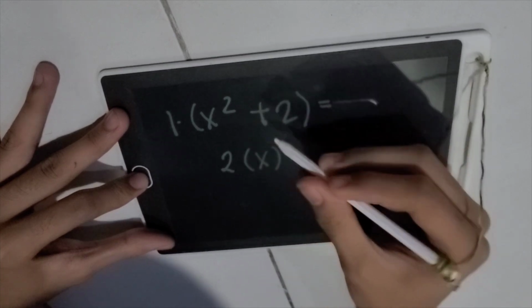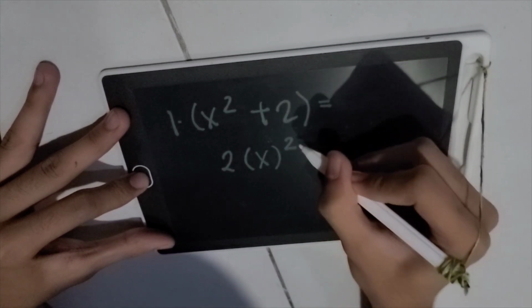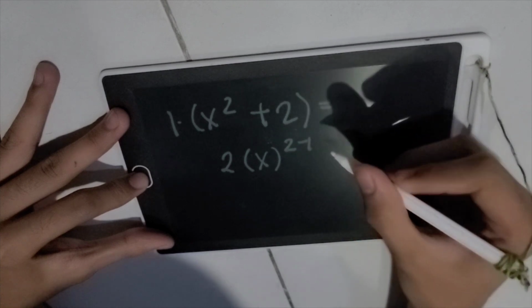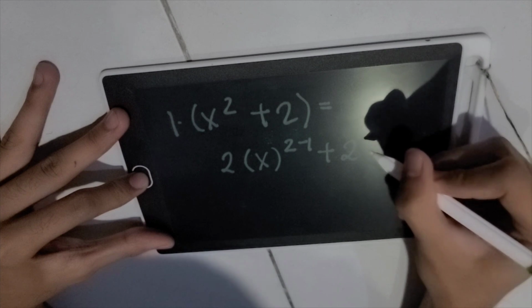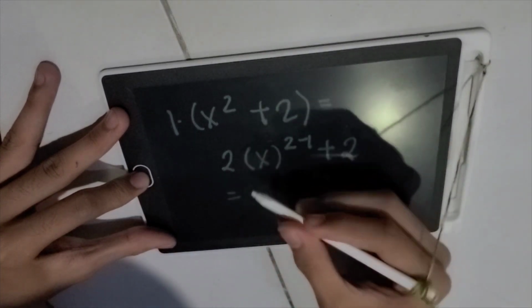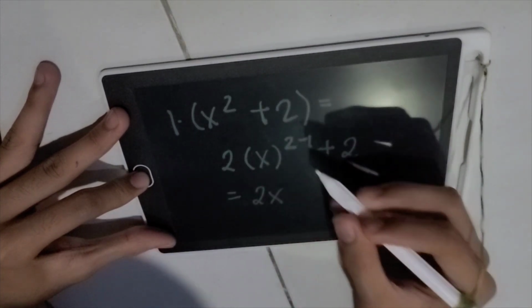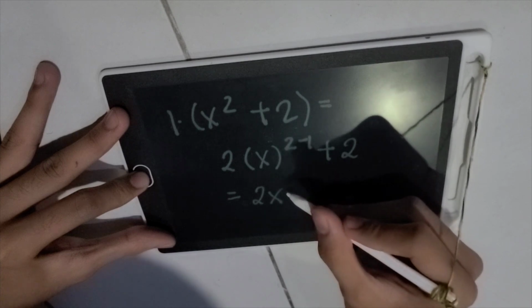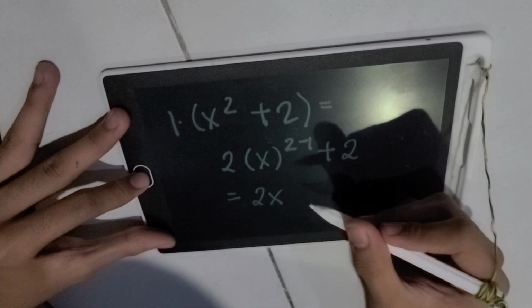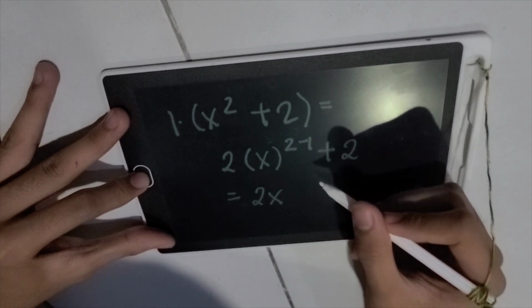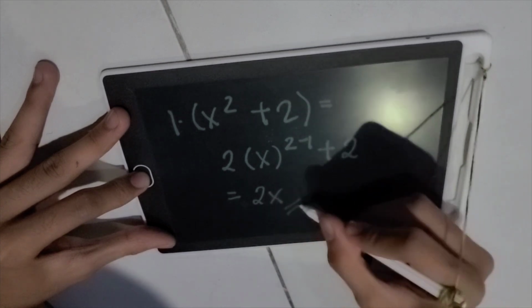At ang x, maminusan natin yung x squared niya ng 1 by the power rule. So, ilalagay natin yung plus 2. Ang magiging sagot natin ay 2 times x is 2x. 2 minus 1 is 1. So, magiging x na siya. Ang 2 ay constant. So, by the use of constant rule, magiging 0 na siya. So, ang sagot natin ay 2x.